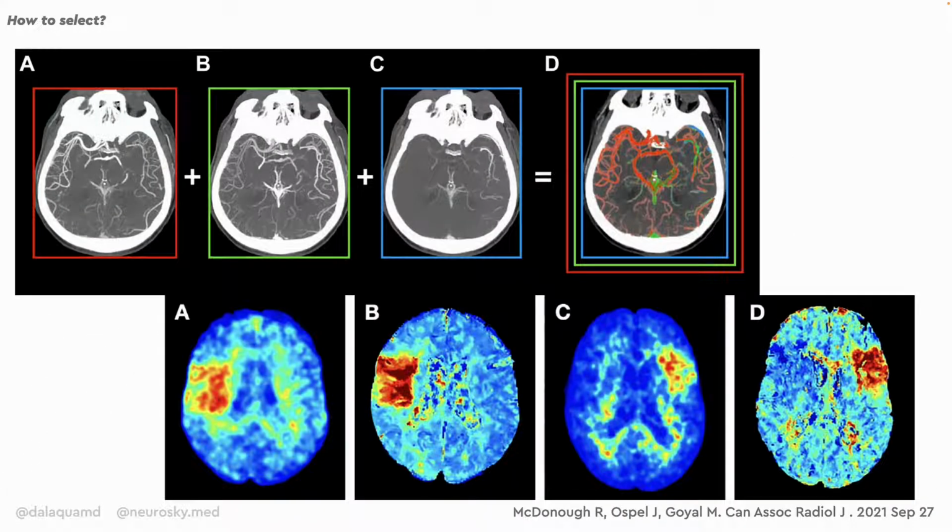So this is a very interesting map that if we look very quickly, we can think that it's the lower row, the CTP map, but in fact it's a map that is generated from the multiphasic CTA. And we see as well that for the less experienced observers, we have some software that may put different colors in each phase of the multiphasic CTA, like A in red, B in green, and C in blue.